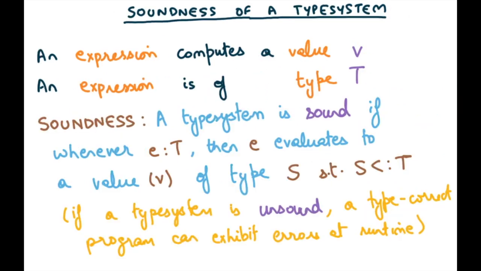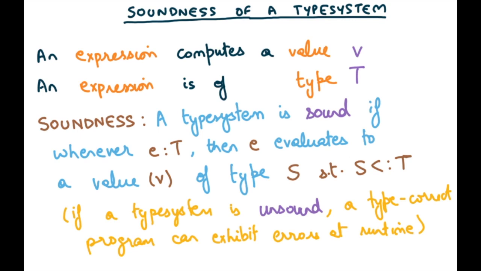An expression computes a value v. If it is evaluated multiple times, it can compute different values, say v1, v2, v3. But statically, at compile time, an expression is identified to be of type t. There's a unique single type t associated with that expression.